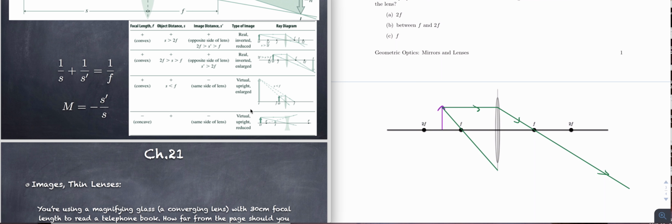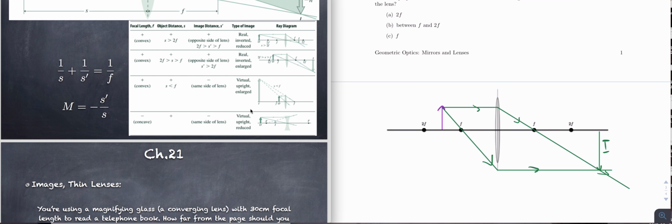Imagine the lens was big enough: if I send it through the focal point, it should refract parallel out, and we get our image formed over here.